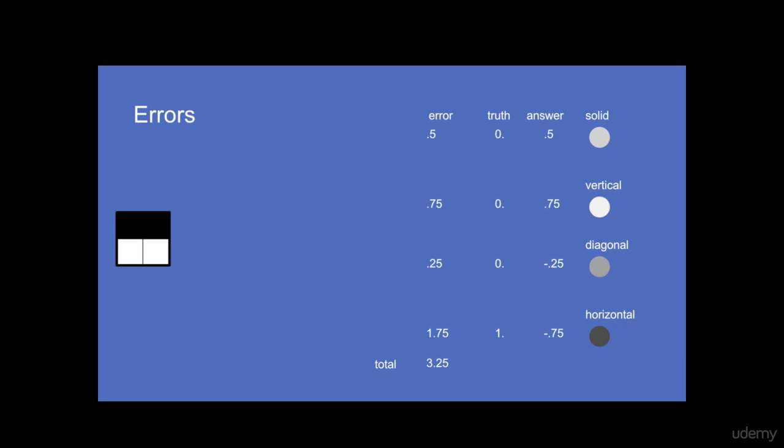So here we have the error rate of the four outputs: solid, vertical, diagonal, and horizontal. We add up the errors to get one total error rate.